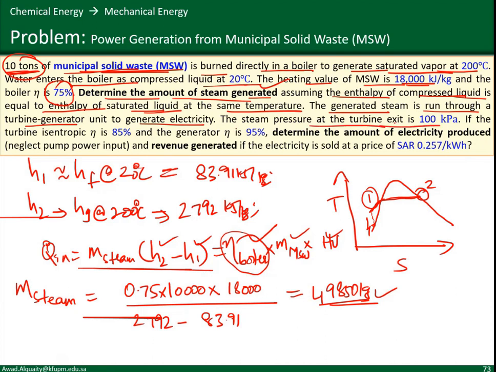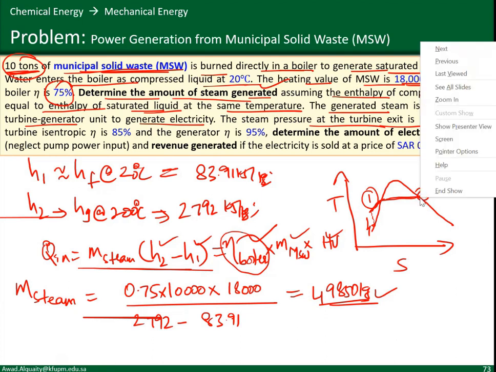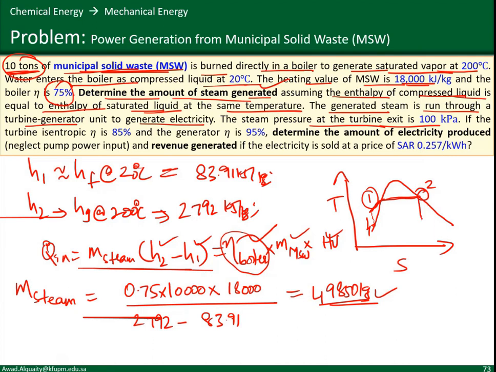Now the steam pressure at turbine exit is 100 kilopascal. So at state three, the pressure is 100 kilopascal. So P for state three, which is always equal to P for state four, is 100 kilopascal.